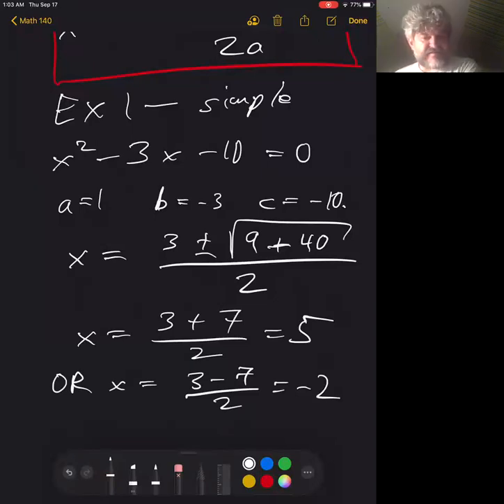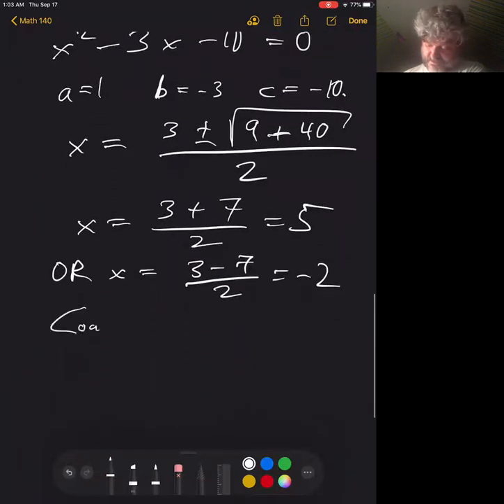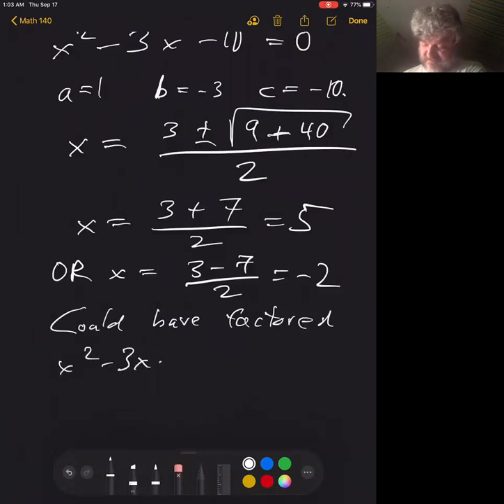And I said this is a simple example because I could have factored this equation by hand by trying factors of -10. x squared minus 3x minus 10, I would have found it's x minus 5 times x plus 2.